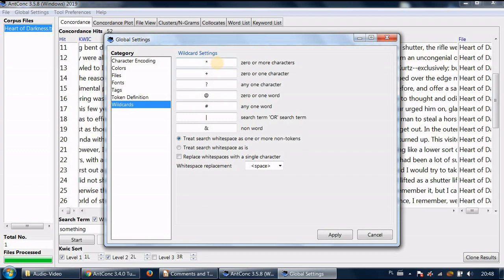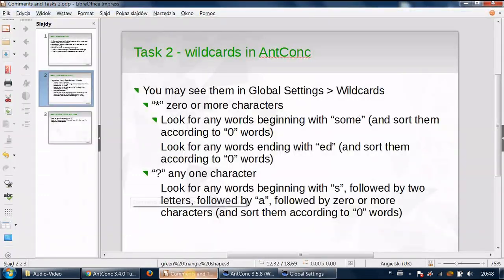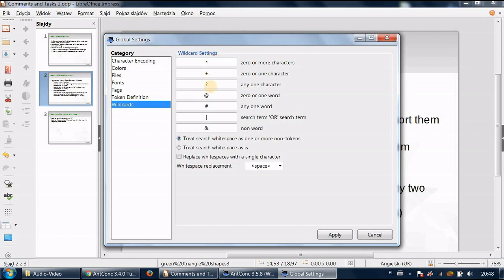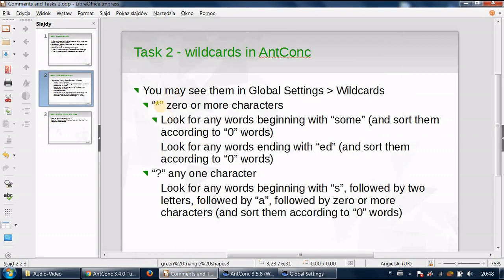In AntConc you may change them, but I strongly advise to keep them with their default values so that there's no confusion later. And the 2 wildcards I would like to concentrate on at the moment are the asterisk and the question mark. I think they are the most useful, although depending on the situation you may also use any of the other ones. But I particularly like these 2.